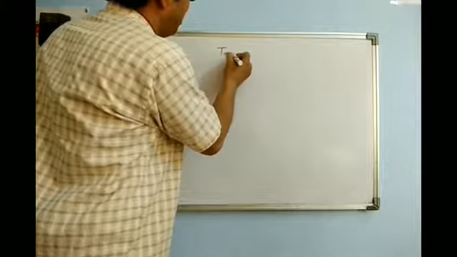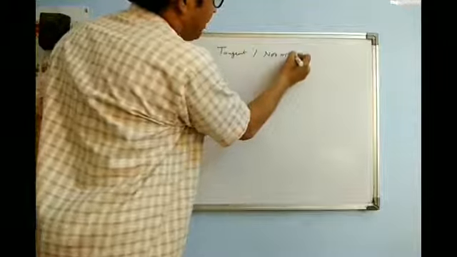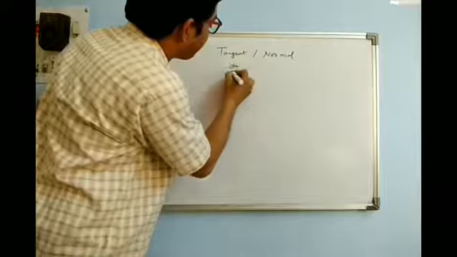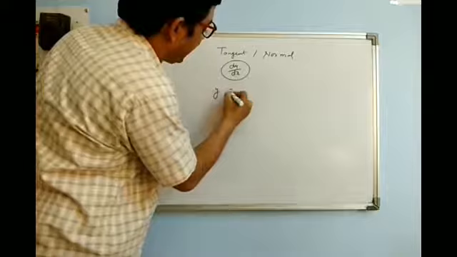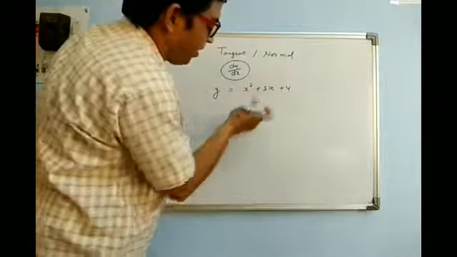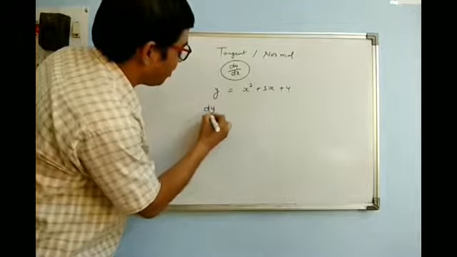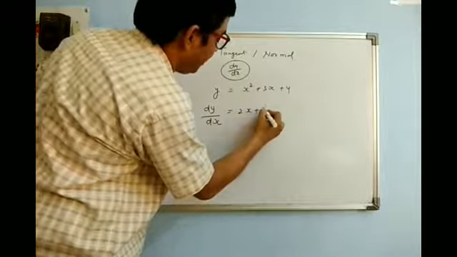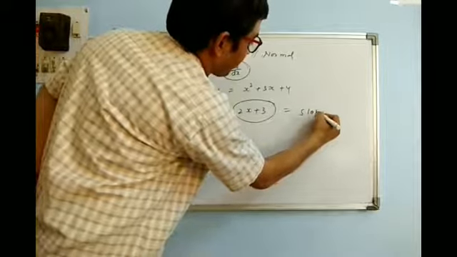Tangent and normals. We will see the geometrical meaning of dy by dx. Okay, if a curve is represented like this, x square plus 3x plus 4, I'm just taking one example, then the derivative of that curve, dy by dx, which is coming out to be 2x plus 3, is actually the slope of tangent.